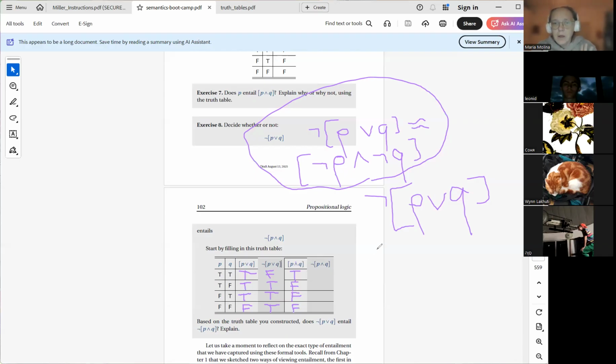Now, if it is a negation of P and Q, then what do we get if P and Q are both true? False. What about the second line? False, right? Because in this case, we get what we discussed before.